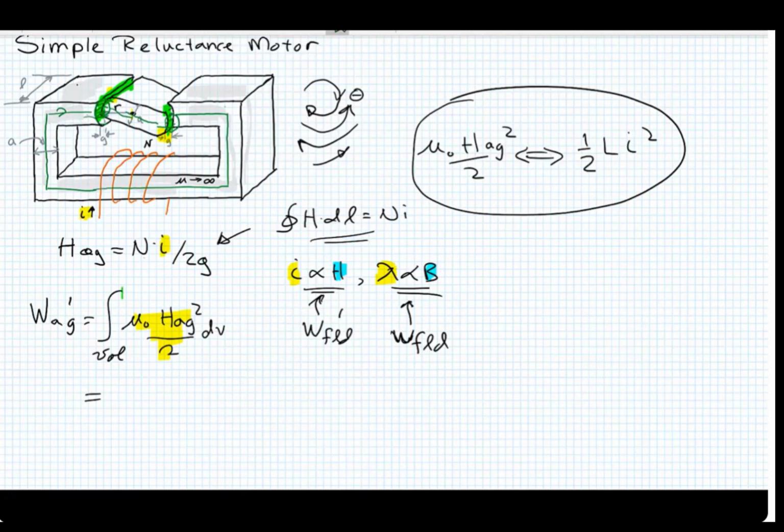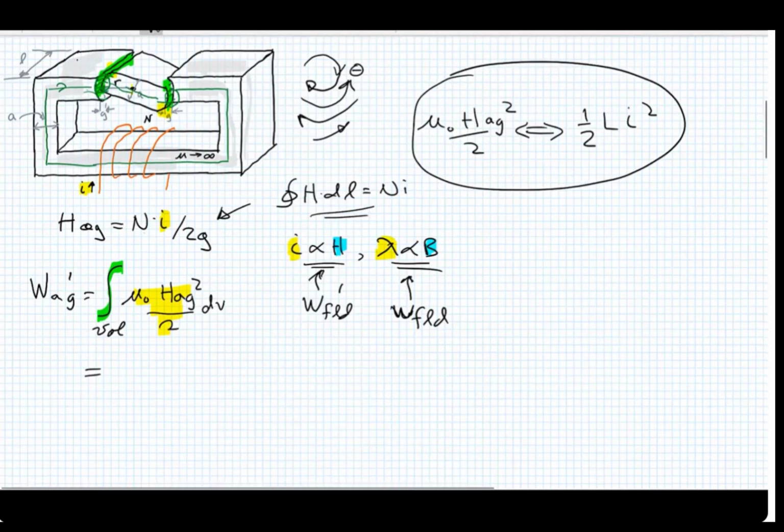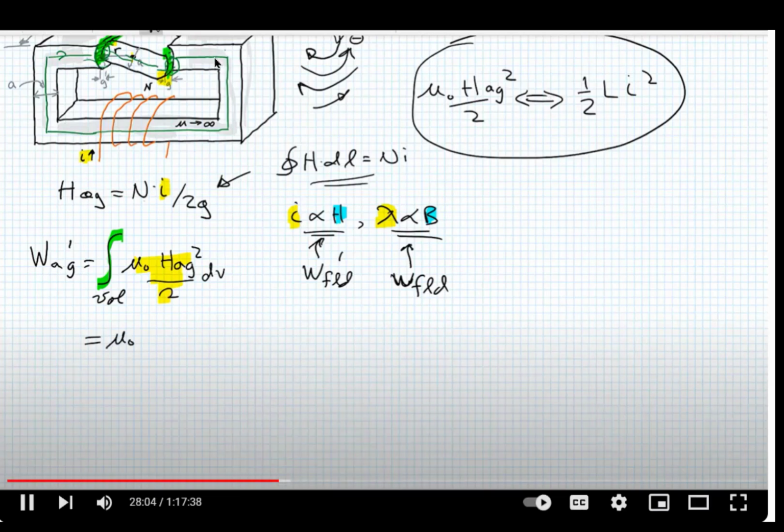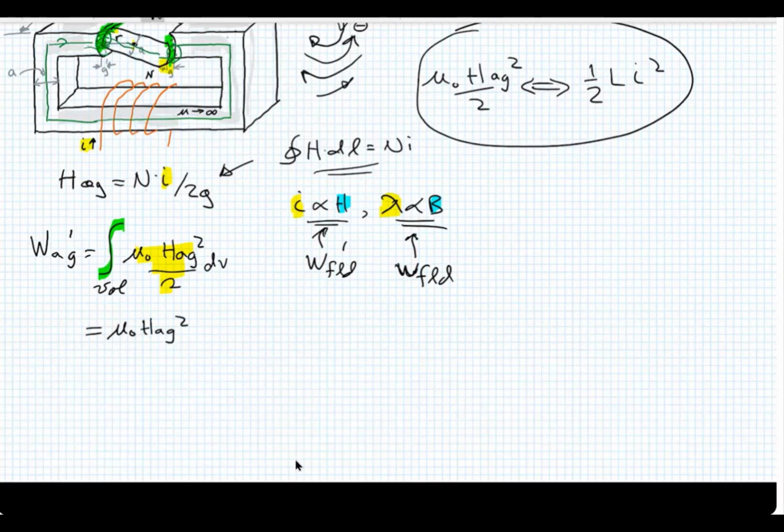And it's going to change because this thing is allowed to move. I won't go into how you get this because of time, but I encourage you to go look at the example in the textbook.